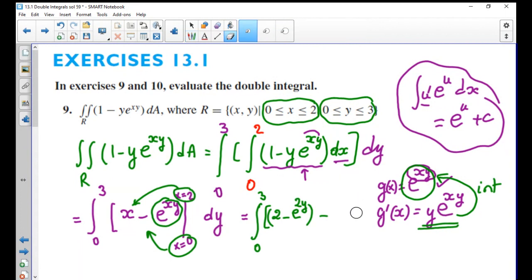let me remove some of this stuff here, minus, when I substitute with 0, so it's going to be plus 1 perhaps, in the end, minus, let me write it, so minus, and if I substitute x equals 0, I get minus 1, like this, dy.